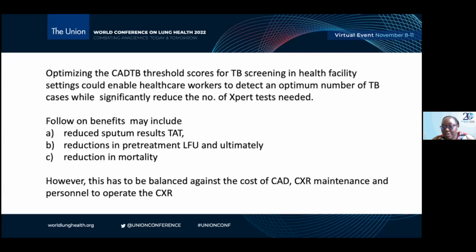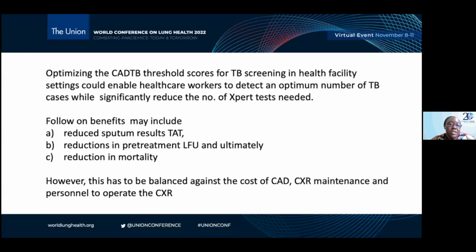What has happened in Uganda since this study is that we've had quite a big rollout of digital X-rays and CAD. We now have about 20 digital X-rays with CAD in the country, and some of them have been placed in mobile vans and do community outreaches, and we will have to calibrate a different threshold score for that.